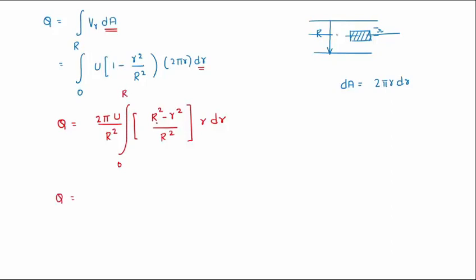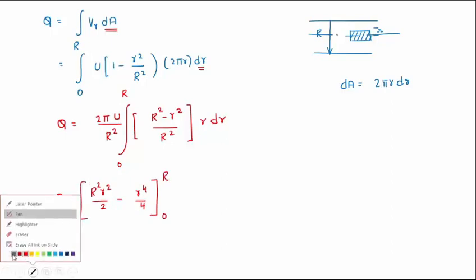R square into small r integration, how much will it be? R square by 2, that is small r square by 2, minus r square into r cube, that will be r power 4 by 4. Limit will be between 0 to R. This is the integral value.